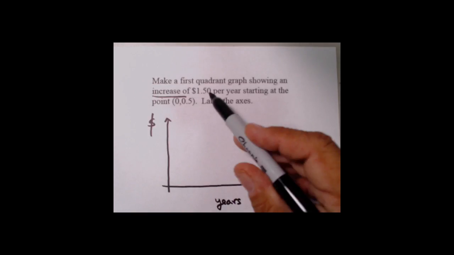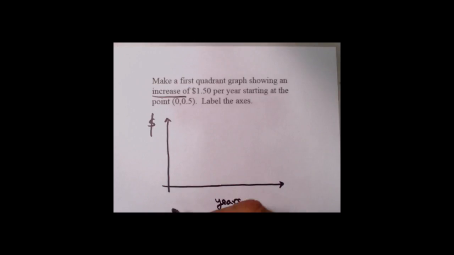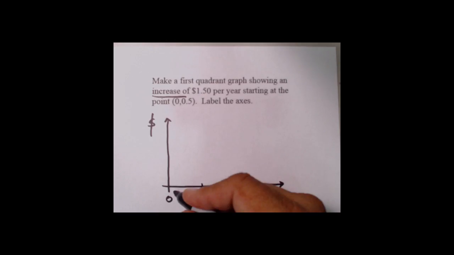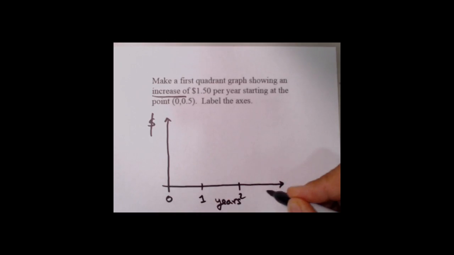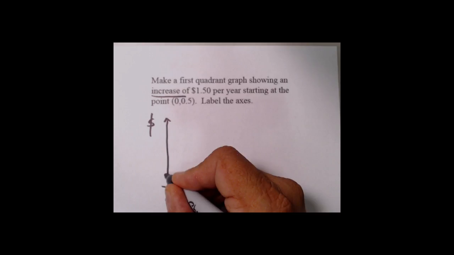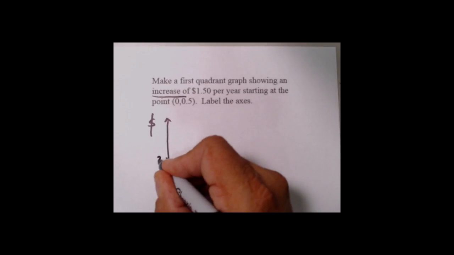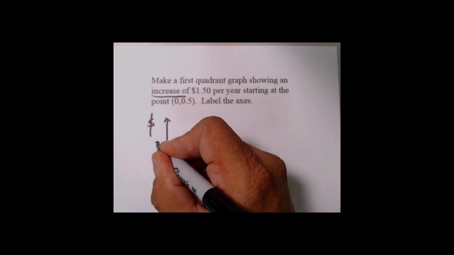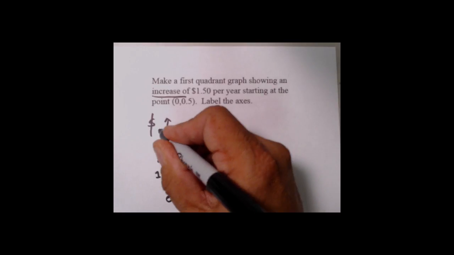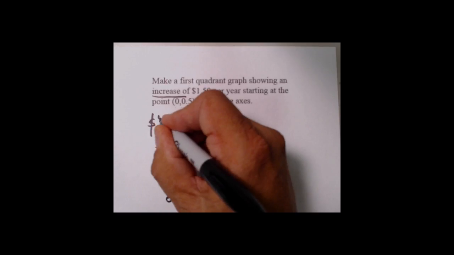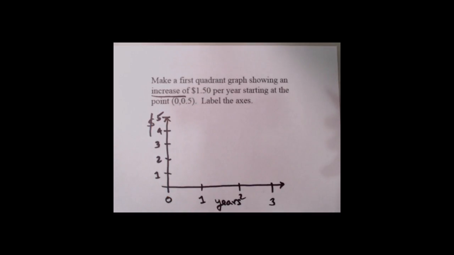Okay, we're going to need a few years here to put this out. So let's say there's 0 years, and this could be 1. And let's see, it's about the same distance here, 2. And this would be 3, for instance. Okay, and dollars going up, we could have $1 and $2 and $3 and $4 and $5 would just about be the top.